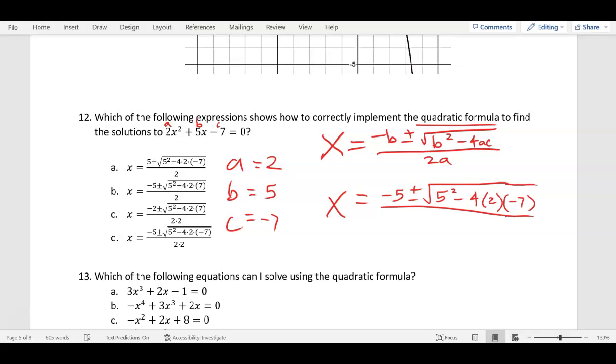Divided by 2a, 2 times a, which is 2. All right, so it starts with a -5 plus or minus square root of 5 squared minus 4, 2, -7. Hey, that's not a -7. The bottom does not have a -2 or 2 2's. D is the best answer there. Cool.